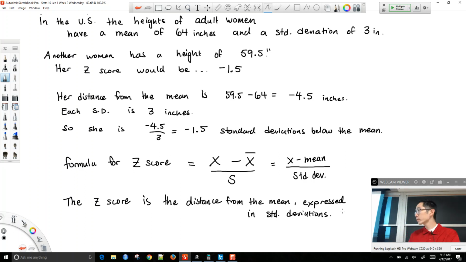Okay, so why do we want to bother with Z-scores? If we have the mean and standard deviation, why can't we just leave it at that? Why do we have to turn things into Z-scores? Well, when you calculate a Z-score, it gives you a sense of whether this observation is unusual or is like an ordinary observation.